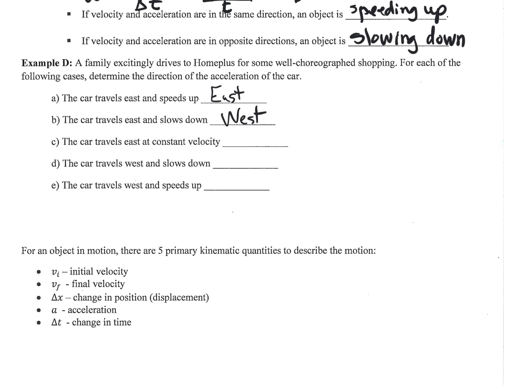It has to be 0 because otherwise it's either got to be speeding up or slowing down. So in this case, the acceleration is 0. There is no acceleration if the speed is staying constant. Car travels west and slows down. Good. Acceleration is eastward. Car travels west and speeds up. West. Y'all got this. See, this is not so bad.